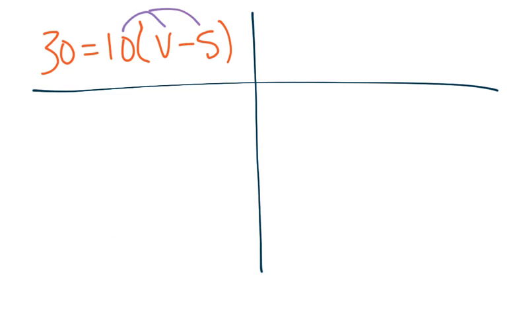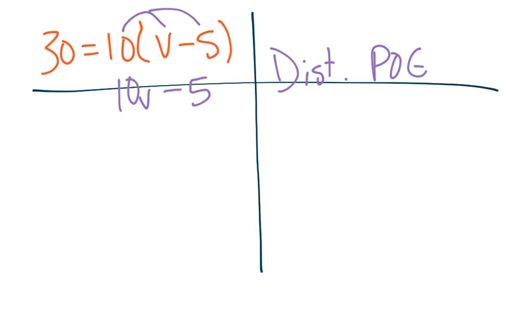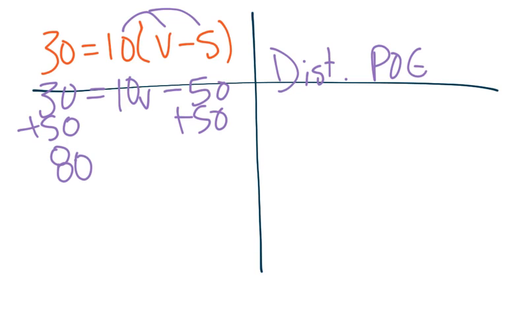So again, we use the distributive property of equality. So I get 10 times v, which is 10v, minus 10 times 5, which is 50, still equals 30. We add 50 to both sides, so we get 80 equals 10v plus 0, but using the additive identity, we just drop the 0.